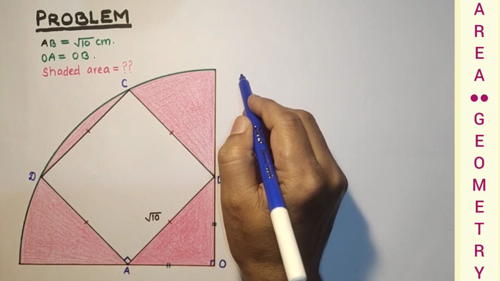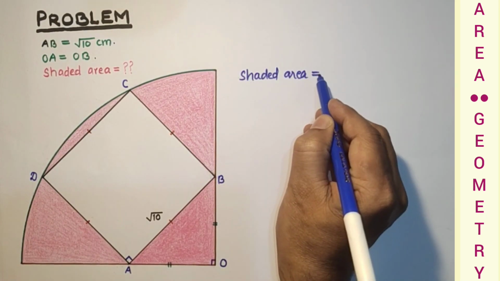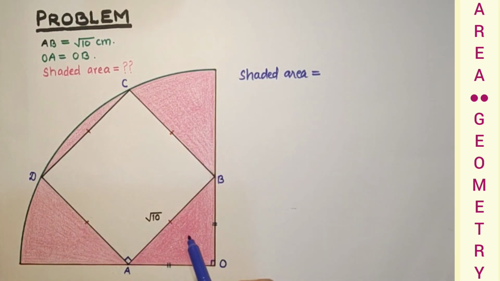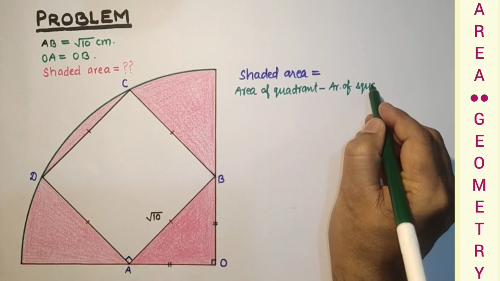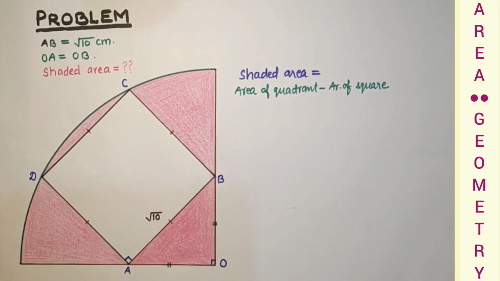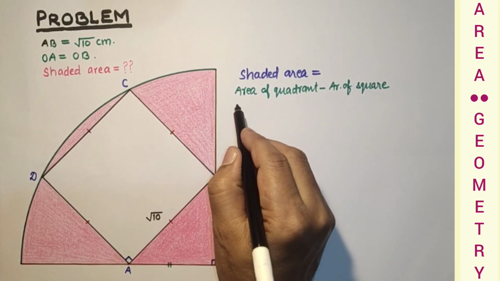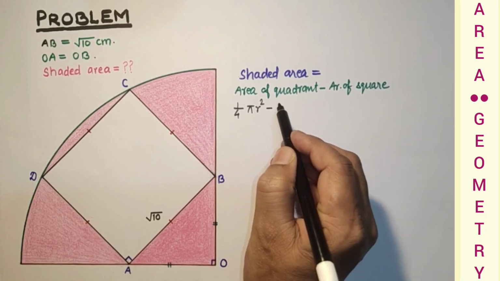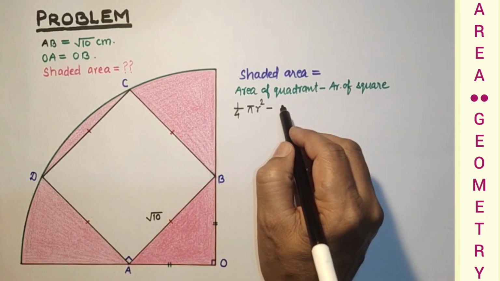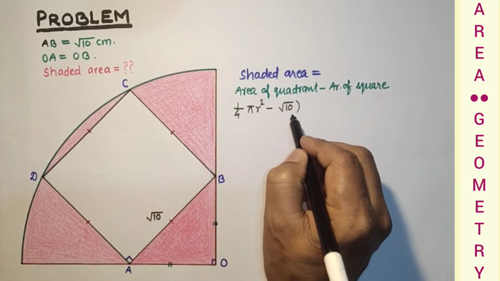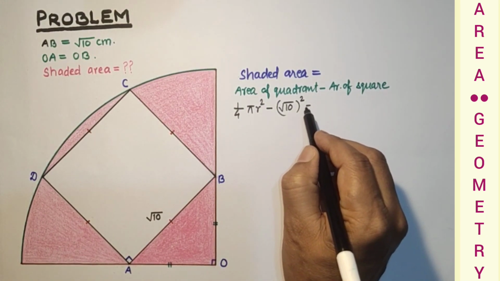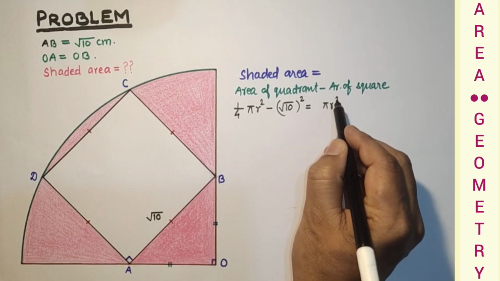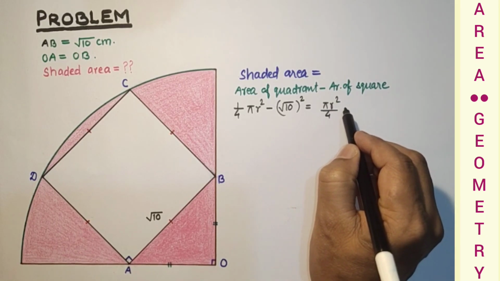So shaded area is equal to area of quadrant minus area of square. So that is equal to 1/4 pi r square minus side of this square is root 10, so root 10 square, and that is pi r square by 4 minus 10.